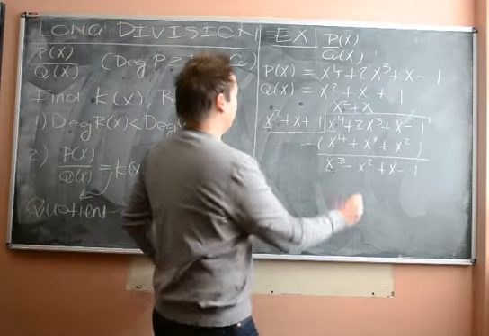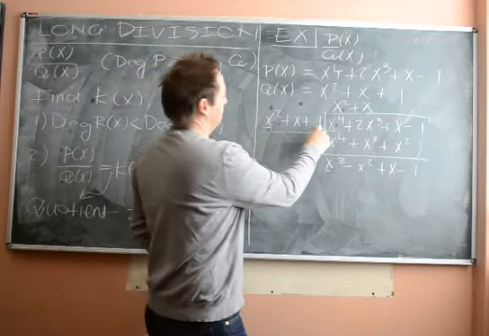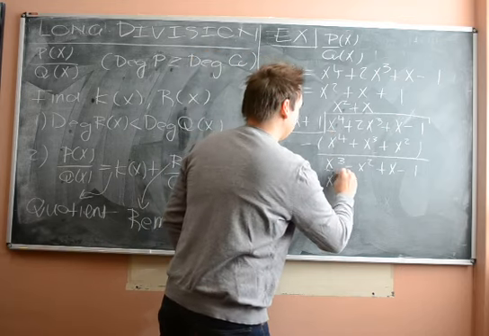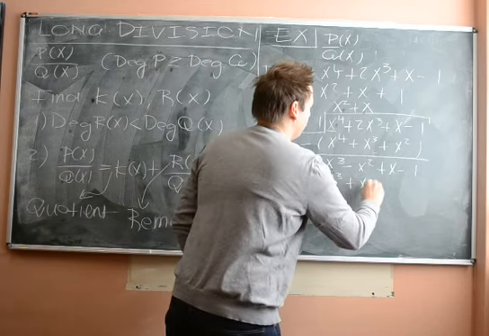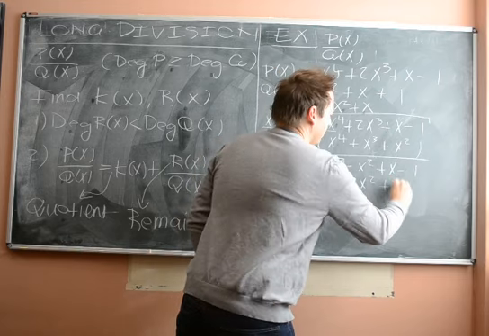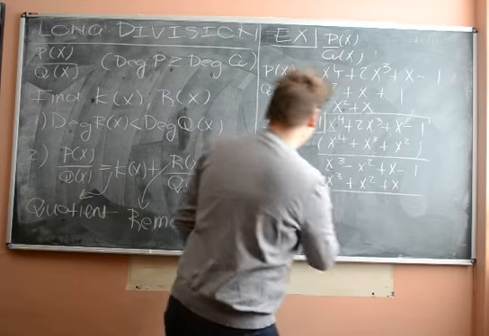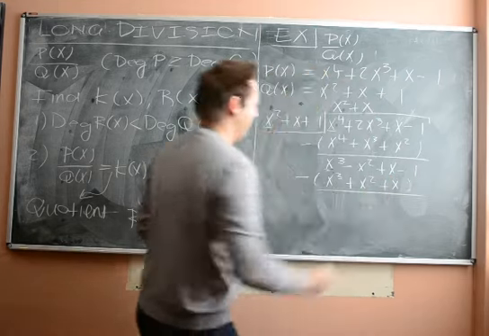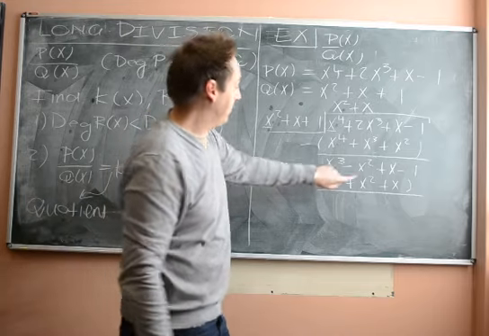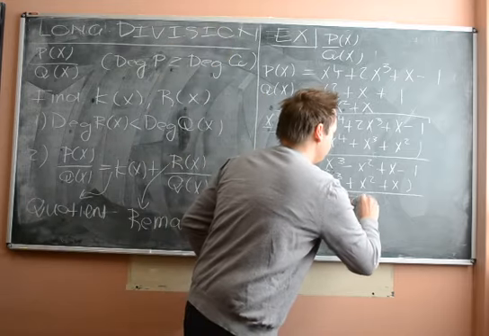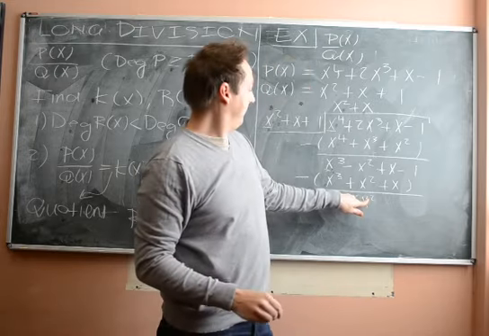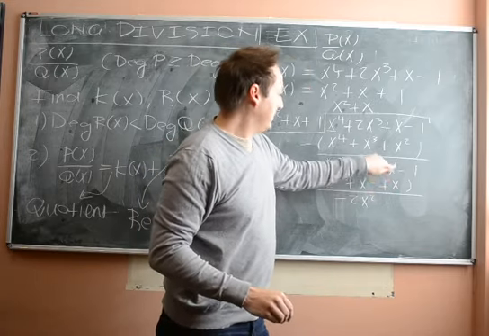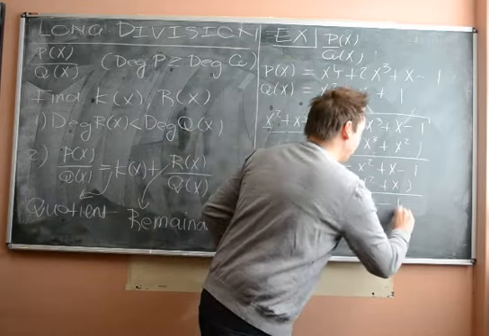We take x and multiply it with x squared plus x plus 1. That'll give us x cubed plus x squared plus x, and we subtract. So the x cubes fall away, we get minus 2x squared. The x's fall away, we have a minus 1.